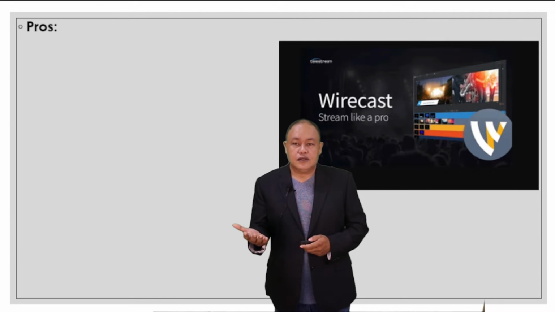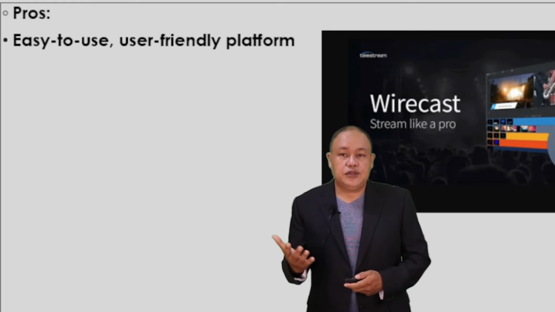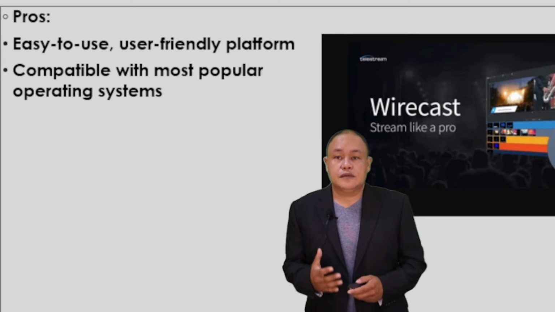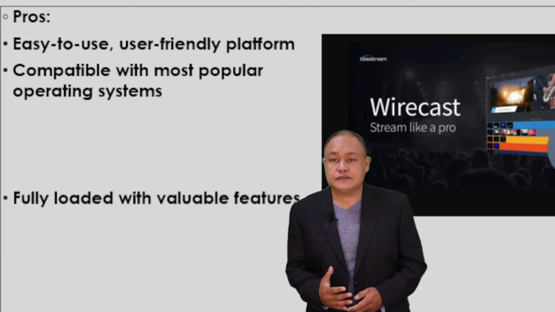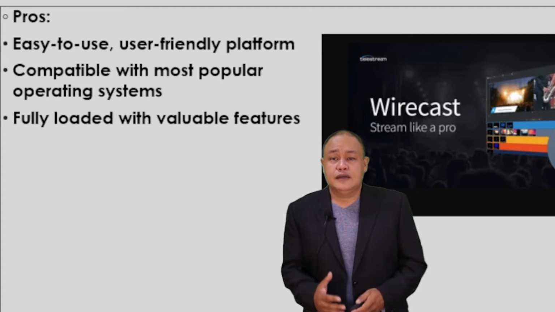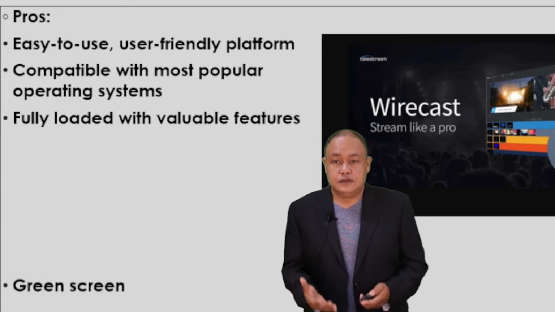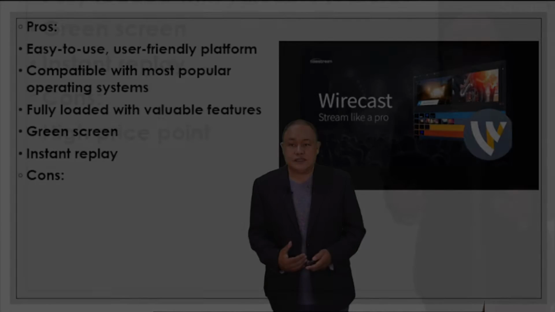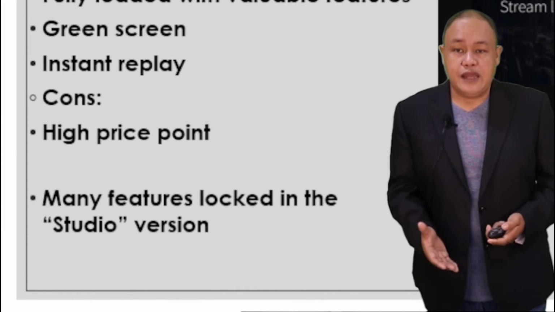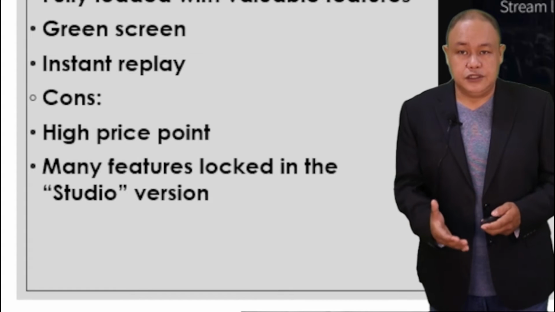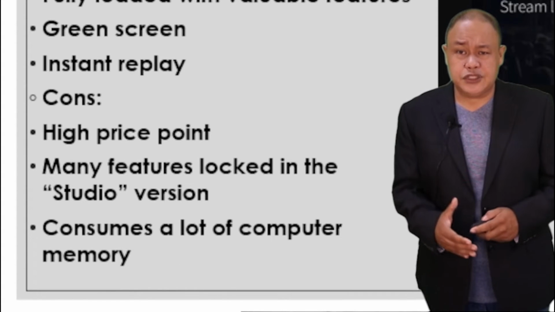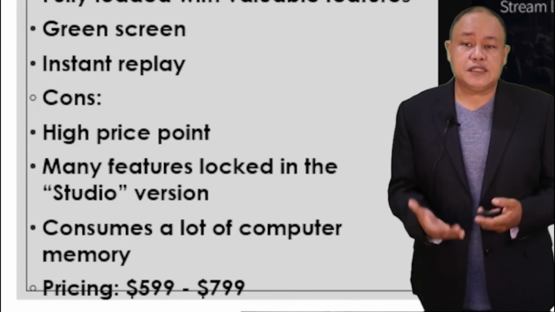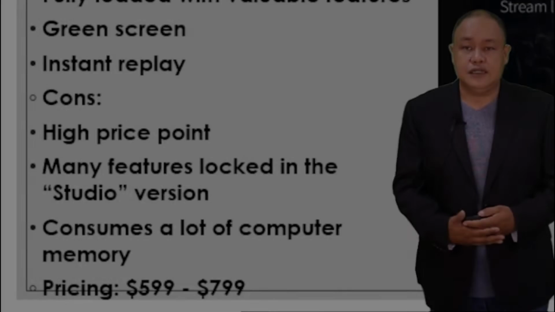The pros of Wirecast: easy to use, user-friendly platform, compatible with most popular operating systems, fully loaded with valuable features like green screen and instant replay. The cons of Wirecast: high price point, many features locked in the studio version, it consumes a lot of computer memory, and has a price range of $600 to $800.